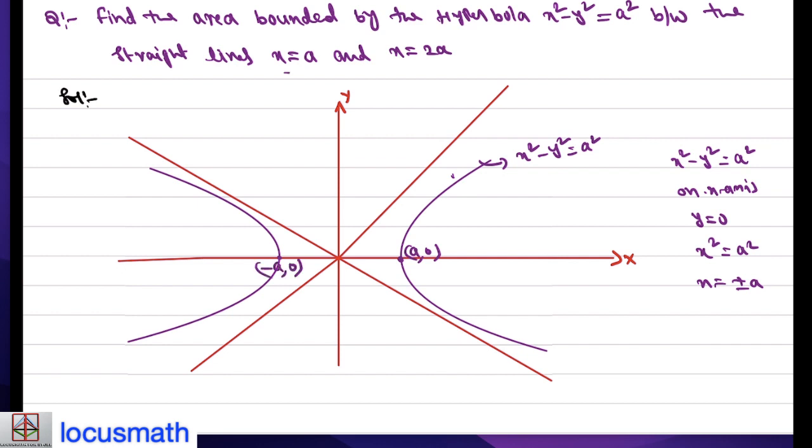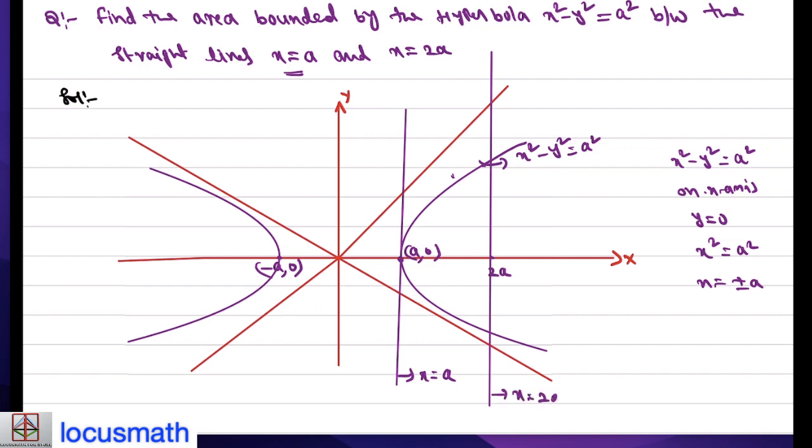So here limits are given as x equal to a and x equal to 2a. Here lower limit is x equal to a and upper limit is x equal to 2a. x equal to 2a will be somewhere over here. Here the limits are just vertical lines, these are the upper and lower limit.